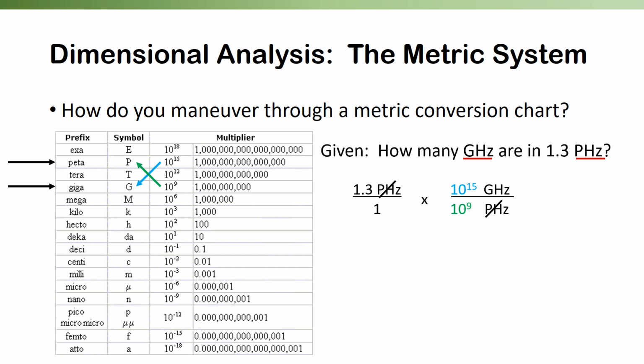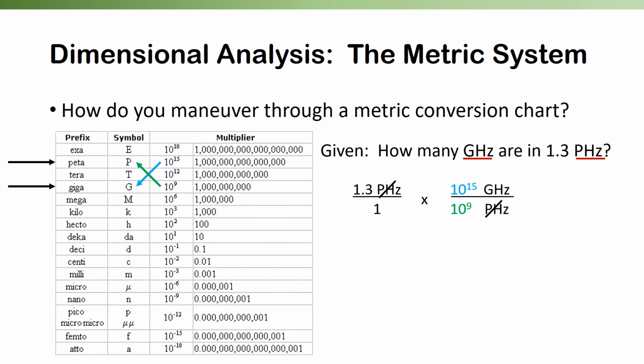So instead of multiplying straight across, we still have a little bit of work to do in our second term. We have 10 to the 15th gigahertz over 10 to the 9th. So instead of solving it like I have with everything else, I'm going to address each of these terms separately.